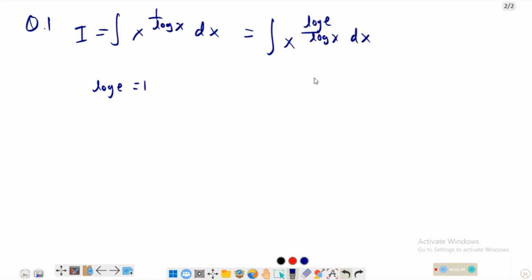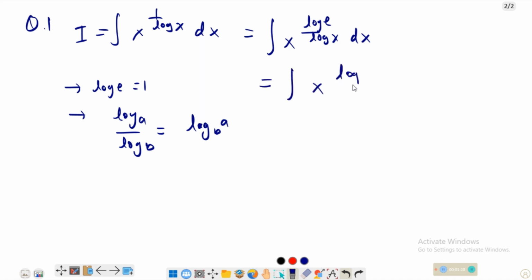In logarithm we know that log a upon log b is equal to log b base a. So this is equal to x to the power log x base e dx.